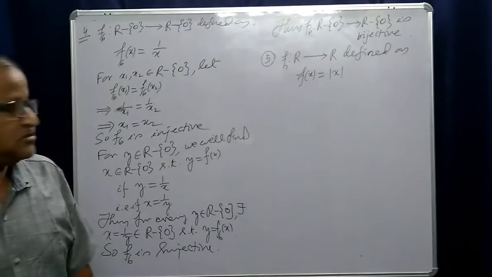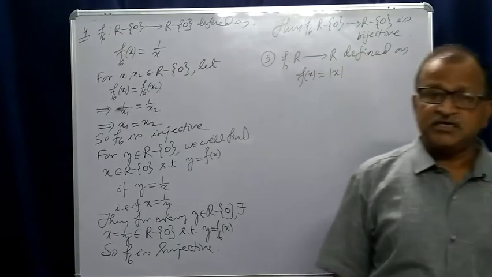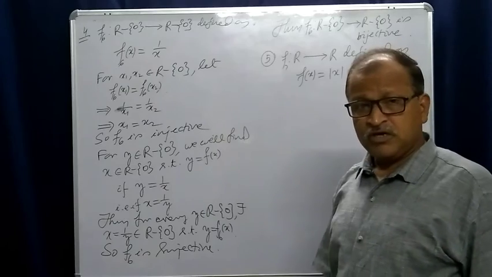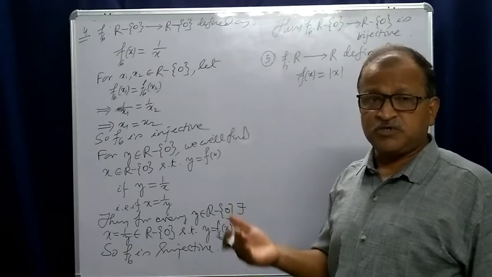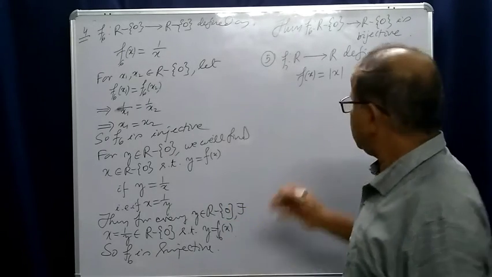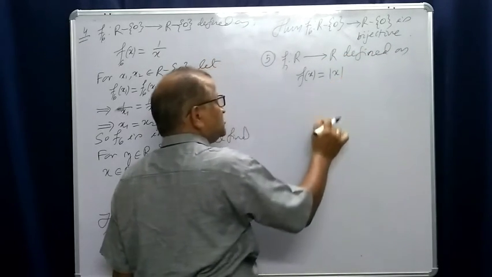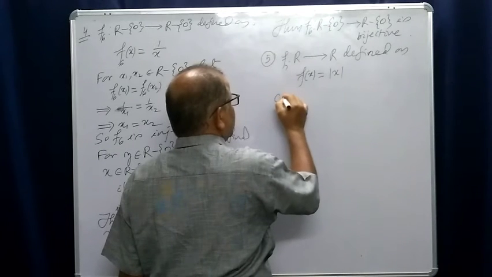Let us test whether it is injective or bijective. We know f7(x) is equal to modulus of x. It is equal to x if x is positive, and minus x if x is negative. That means it is always non-negative. Modulus value is always non-negative.